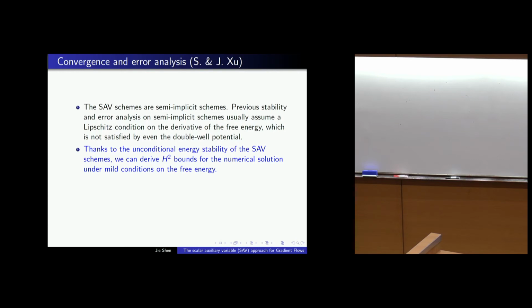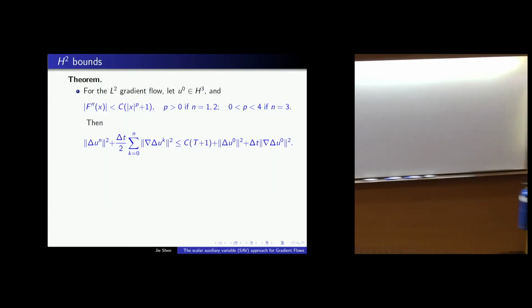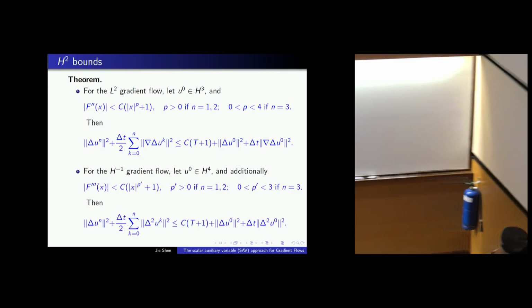And once you have the H2 bounds, you have L infinity bounds. So why do they need a Lipschitz condition? Because they cannot get L infinity bounds, so they require that. And then everything else just comes naturally with error estimates. So basically, you have this kind of results.